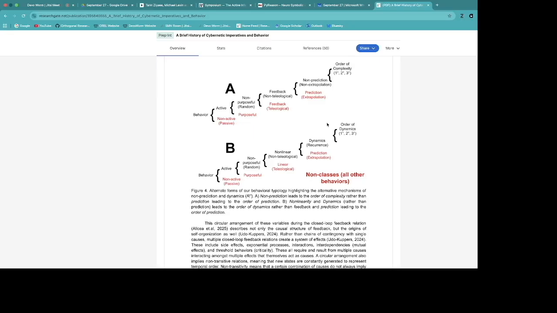So if we want to understand behaviors from a general order of complexity or a general order of dynamics, say we want to build a robotic system where we know what kind of dynamics we want, we just want to compose a system of behaviors that meets that requirement, then we can use this typology to build backwards from the order of complexity or dynamics back to dynamics or non-prediction, feedback or nonlinear, non-purposeful, active. So we know what components need to be there and how we need to add them together.